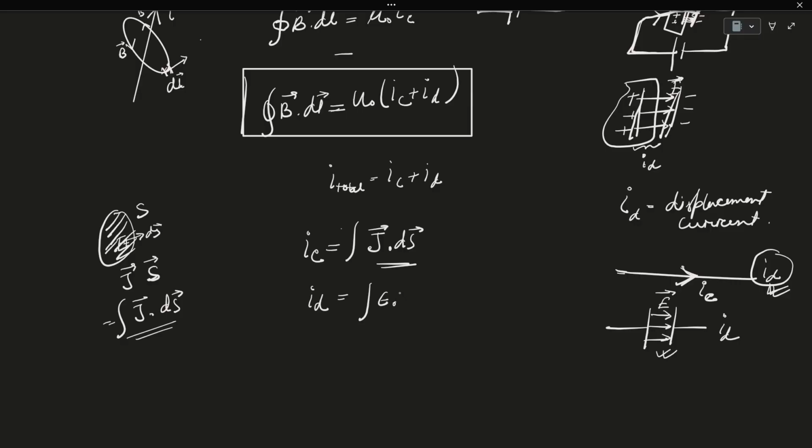epsilon del E by del t dot ds. Now where this term is coming from, I will explain just after writing down the whole equation. So first let me write it down.